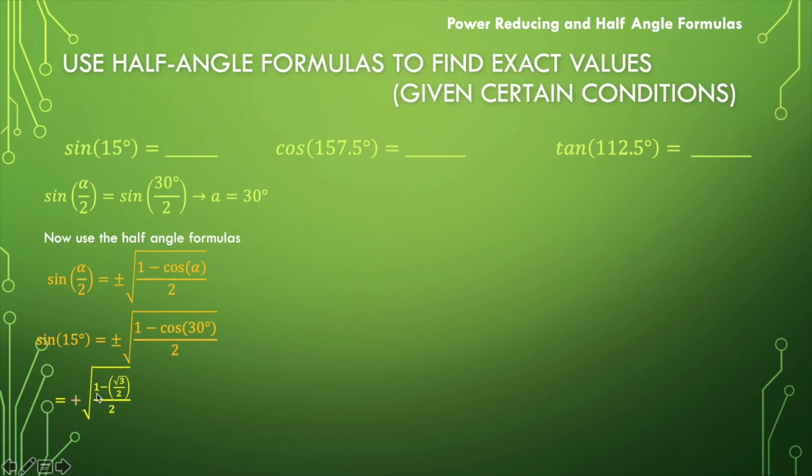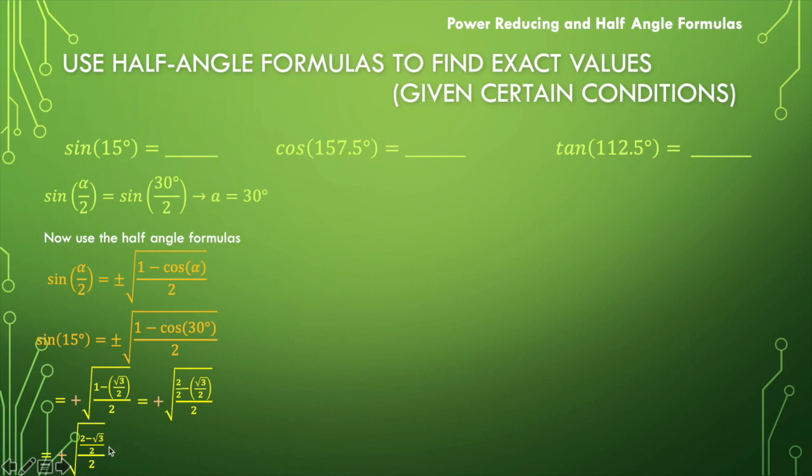Our next step then would be to express the 1 so it has a common denominator, so we can combine these two fractions into one fraction. So this would become 2 over 2 minus the square root of 3 over 2. I can write this now as one fraction, 2 minus the square root of 3 over 2, and that's all divided by 2, and that's all under the radical.